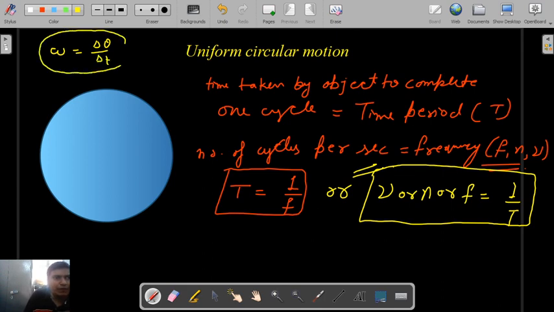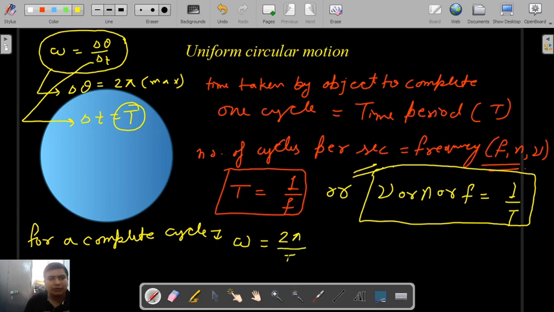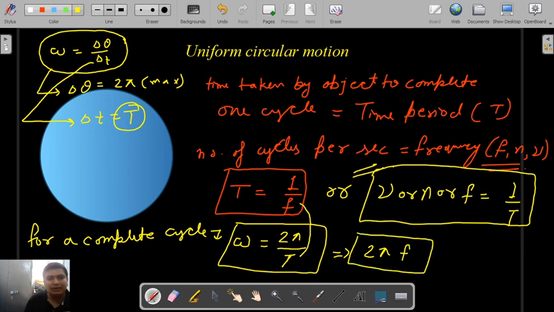So for a complete cycle, we had already discussed that the delta theta maximum value is 2 pi, and for delta t the maximum time equals the time period, that is capital T. So for a complete cycle, the maximum value of angular velocity omega is equal to 2 pi upon T, that is 2 pi f, because we know that 1 upon T can be replaced by f.